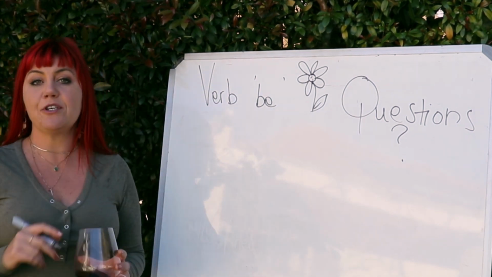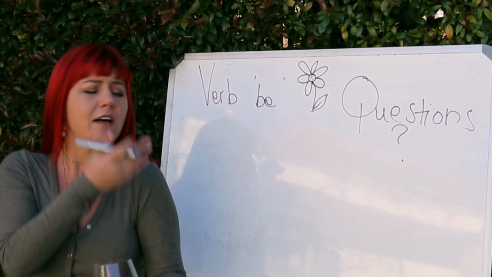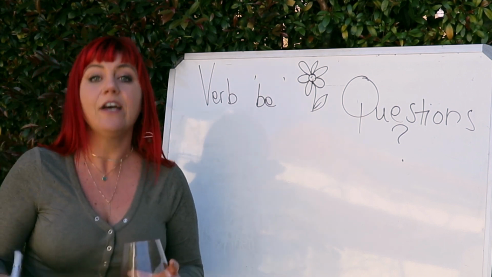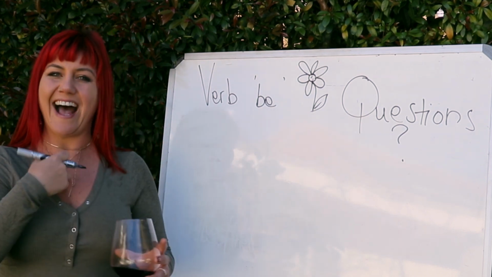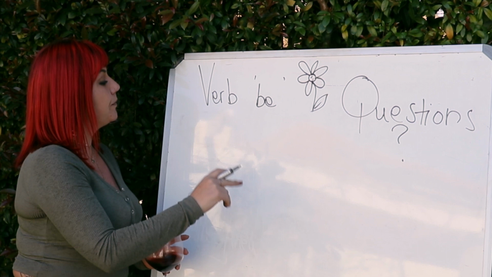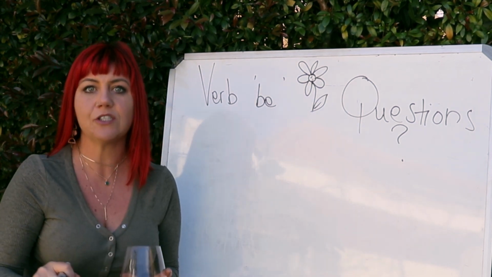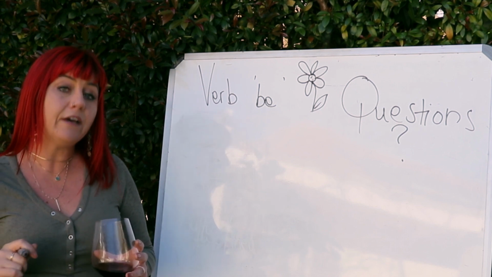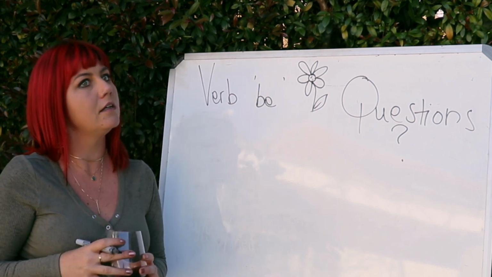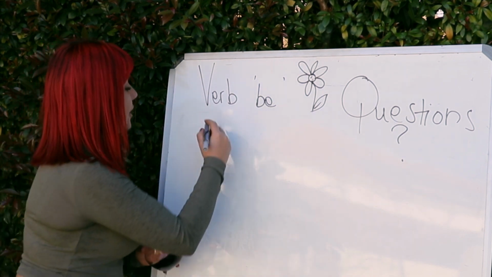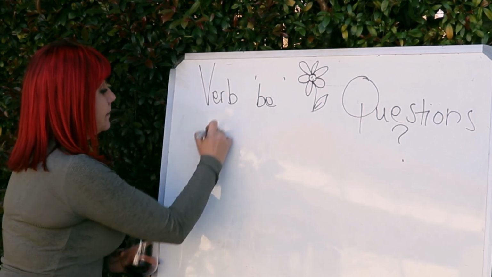What's your first subject? Our first subject is I. Now I'm not going to start with I because I'm asking you a question. So what's my verb be for I? Am. Good. So we're going to start with am.